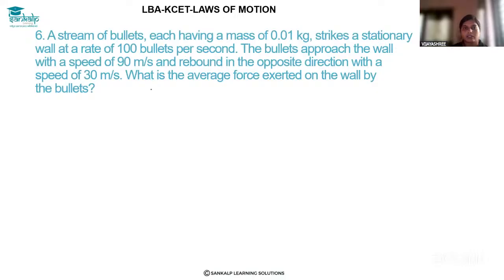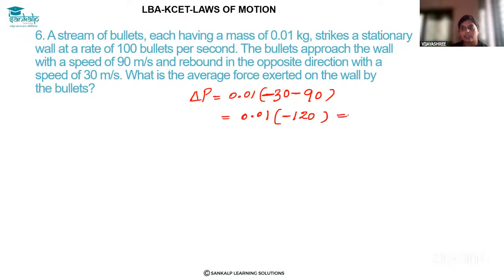Delta P is equal to 0.01 into (minus 30 minus 90), which means minus 120.